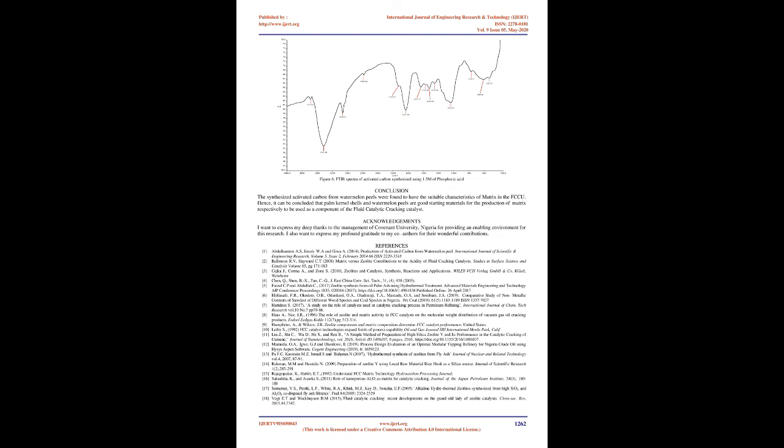3.0 Results and discussion. 3.1 Characterization of synthesized FCCU matrix. The activated carbon produced by chemical modification of watermelon peels using zinc chloride and phosphoric acid was characterized using SEM and FTIR to determine if it is fit to be used as a matrix in the fluid catalytic cracking unit.